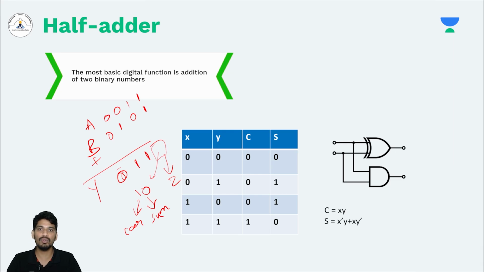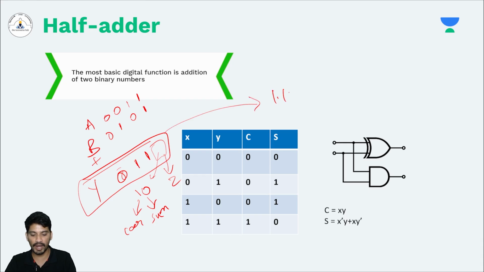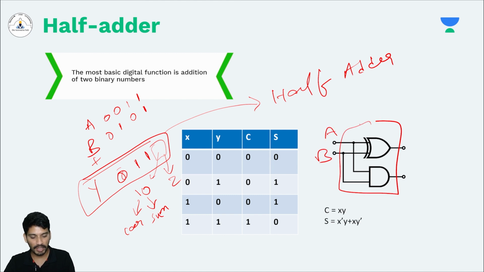So if I want to design a circuit that can give me this kind of output, which we call a half adder, then if you have two inputs A and B, I want a function that can give me these two outputs, carry and sum of A and B.